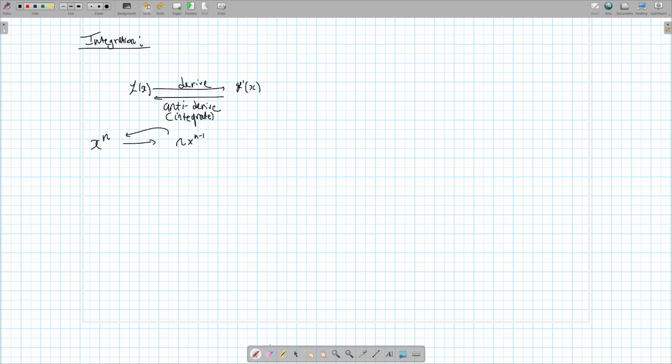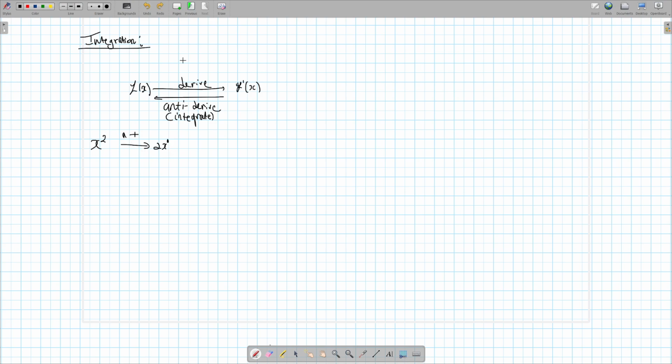Let me show you an example. For example, we have x squared. When you derive it, you get 2x. How do I go back? I have to add 1 to the exponent. So let's call the exponent n. I have to do n plus 1. And I also have to divide by 2, right? It needs to go to 1. And what am I dividing by? Again, n plus 1.